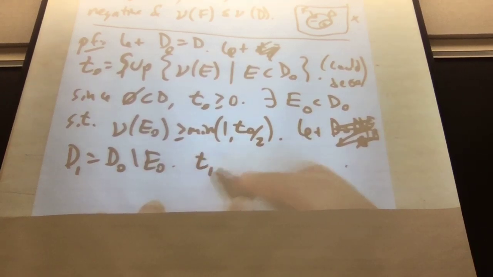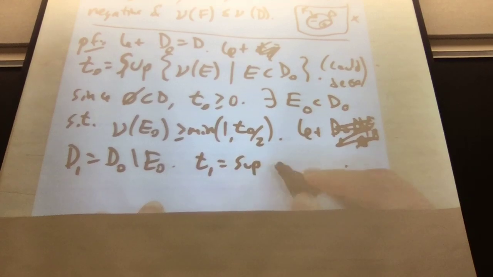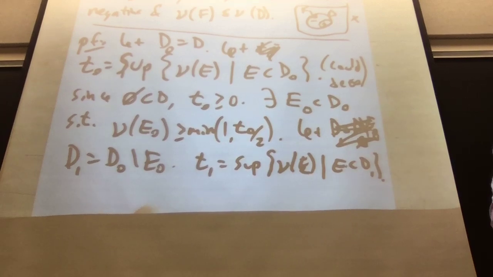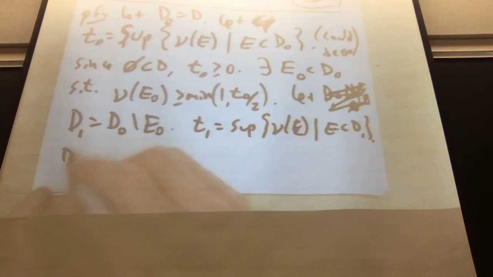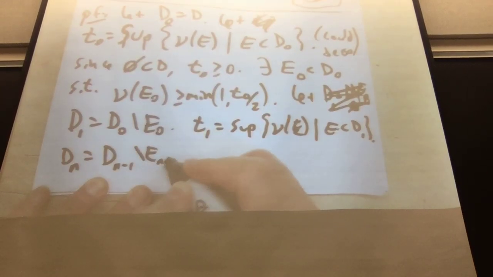And let T1 be the sup over all of the measures over all the subsets of D1. Continue by induction. So Dn will be Dn minus 1 take away En minus 1.